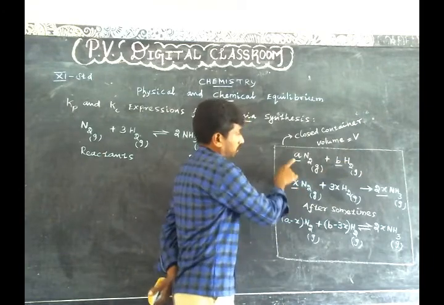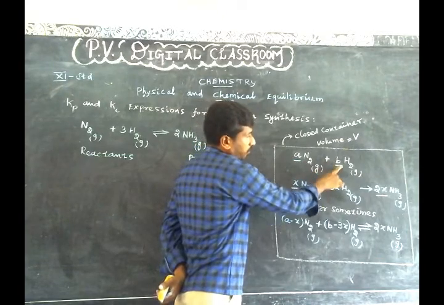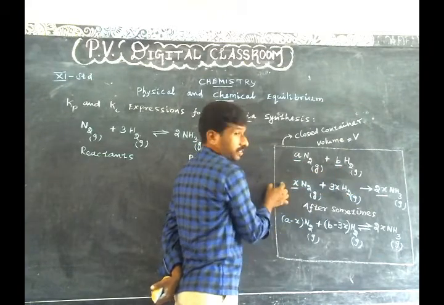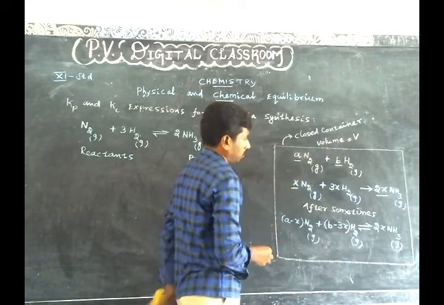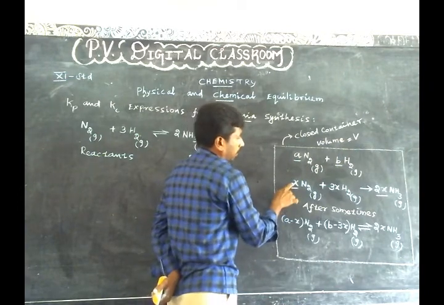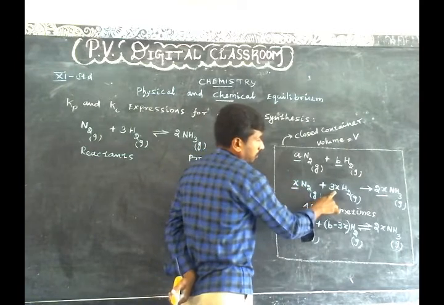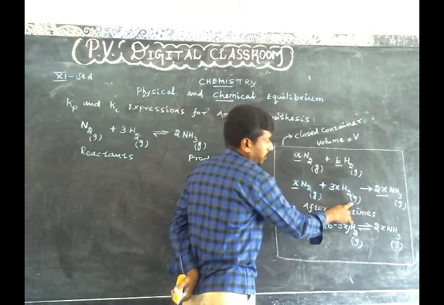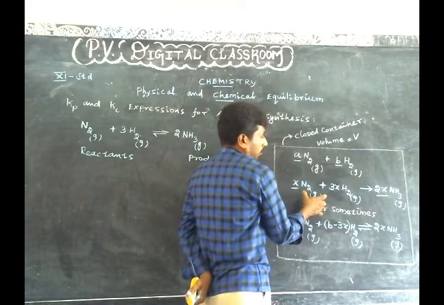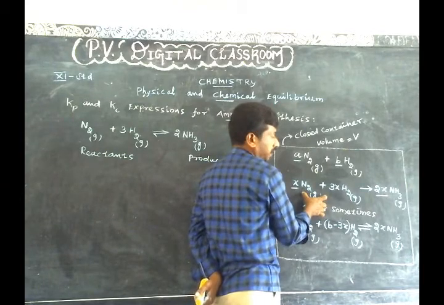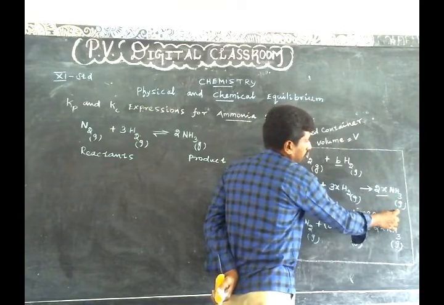Let us consider A moles of nitrogen gas and B moles of hydrogen gas are present in a closed container of volume V. Let x moles of nitrogen gas and 3x moles of hydrogen gas be allowed to react to give 2x moles of ammonia gas.